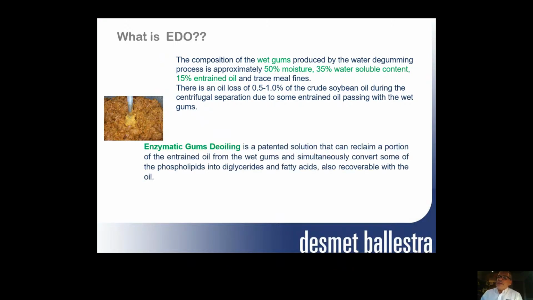And the enzymatic gums deoiling is a patented solution that can reclaim a portion of that entrained oil from the wet gums and simultaneously convert some phospholipid into diglycerides and fatty acids, also recoverable with the oil.